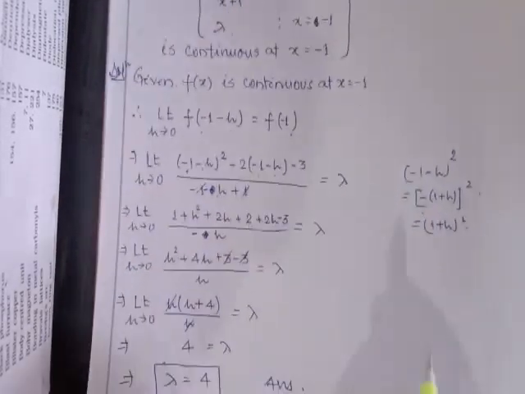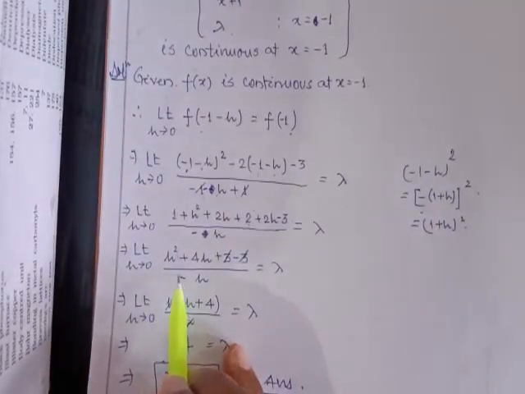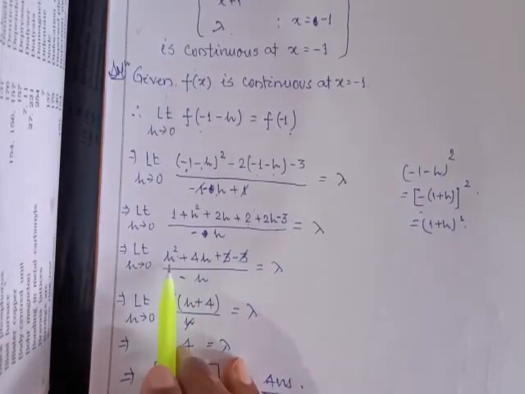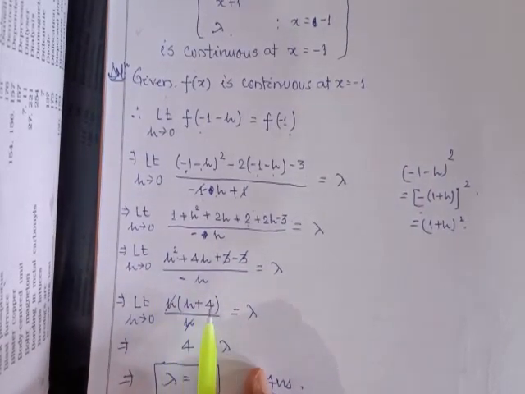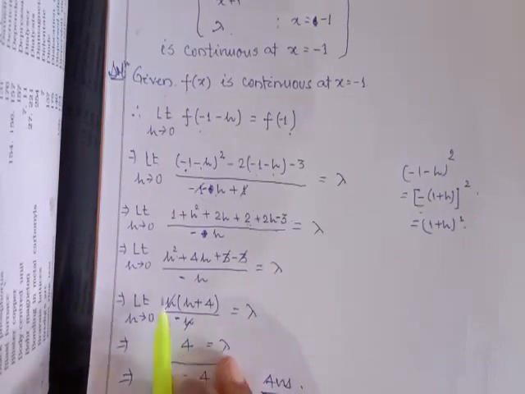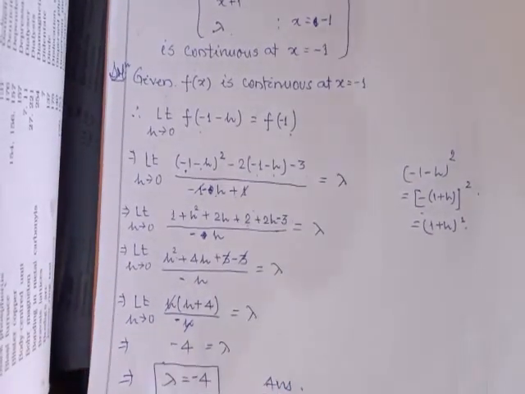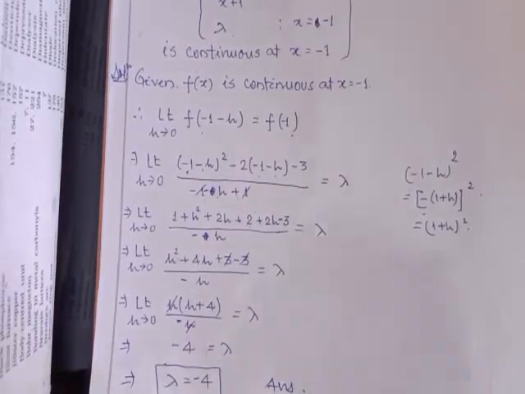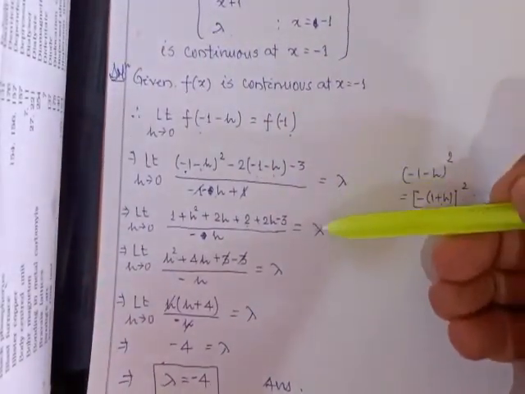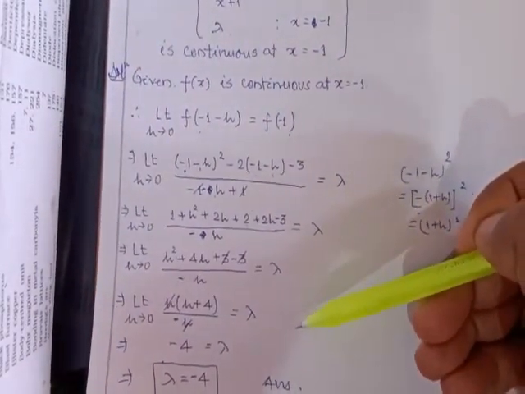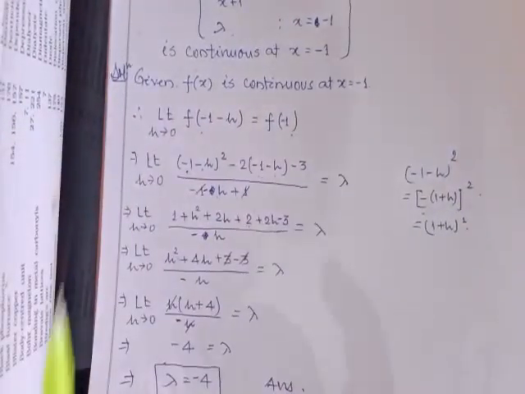So plus and minus 3 cancel. Take out h common, so it should be h plus 4 upon minus h, and after cancellation it becomes minus 4. So in that case the value of lambda will be minus 4.